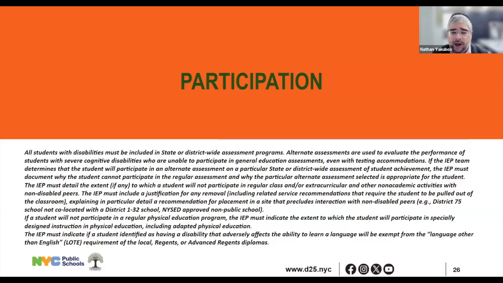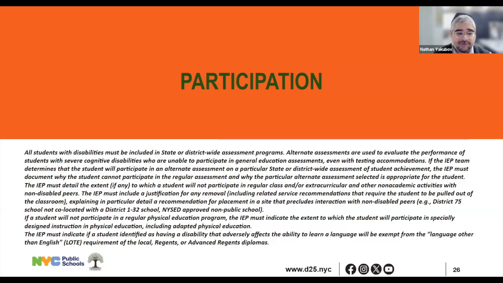We need to know why this was recommended and what is holding the student back from participating in a general environment, a general classroom, or other activities. Also, if the student will not participate in regular physical education, the IEP has to indicate the extent to which the student will participate in specially designed instruction in physical education, including adapted physical education, which is specifically modified to support the student's needs.